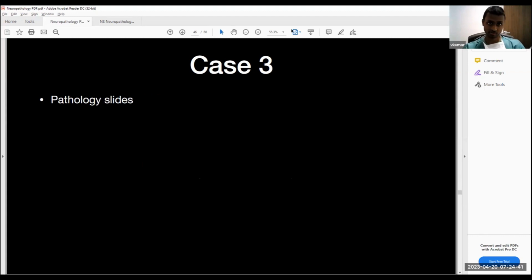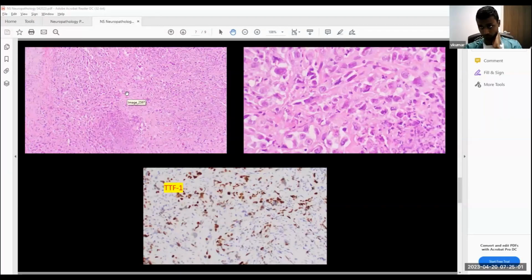Let me pull up the pathology slides here. So this is a straightforward pathology diagnosis. On low power, you see an infiltration of atypical cells.